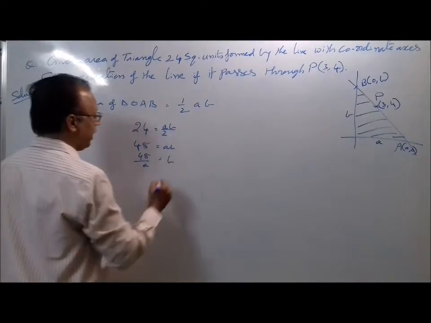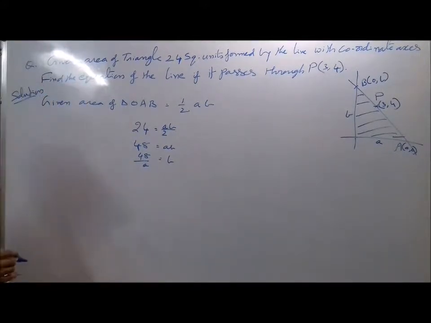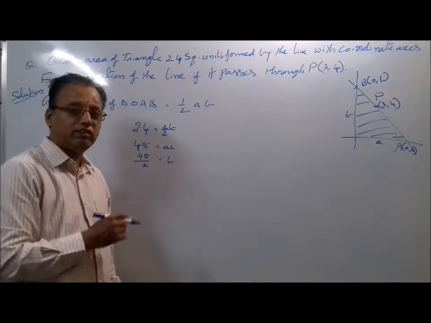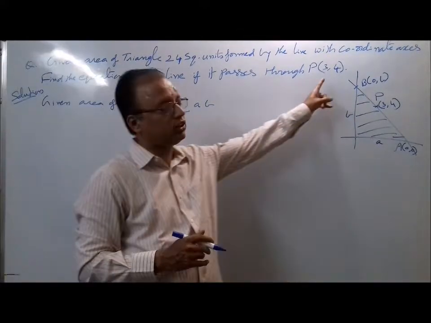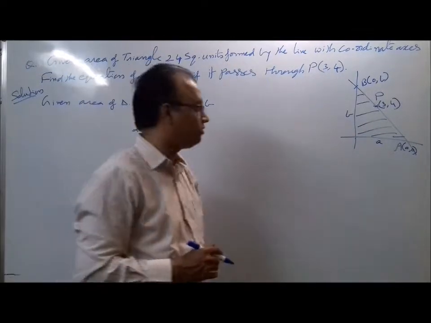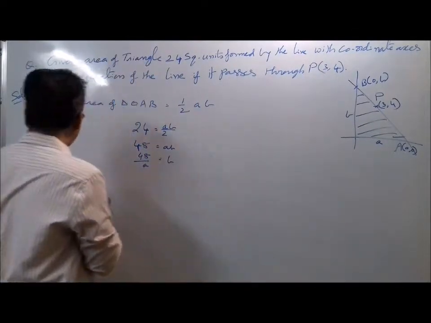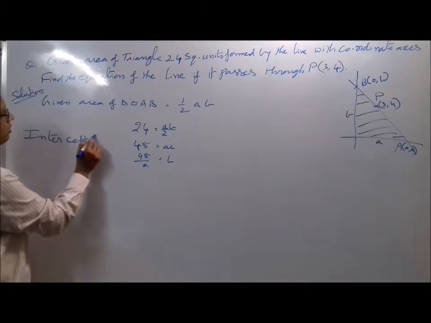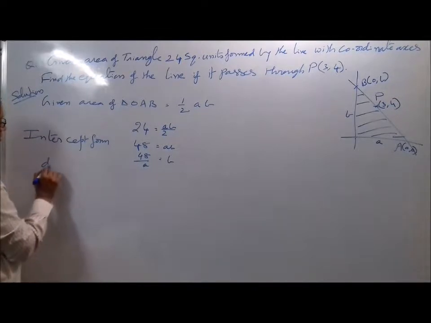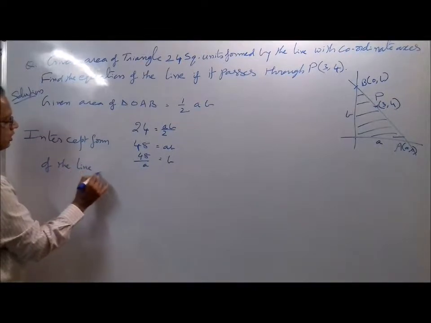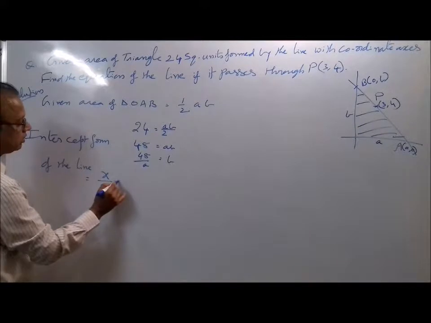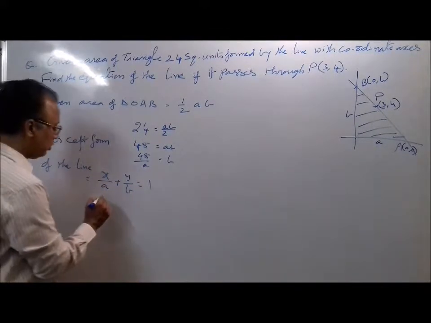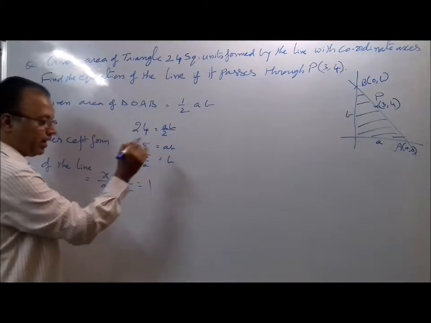Now I should use the intercept form of the line to get the equation of the line, which is passing through P(3, 4). It is the hint for us. So the intercept form of the line is x by A plus y by B is equal to 1. Let A be A only.